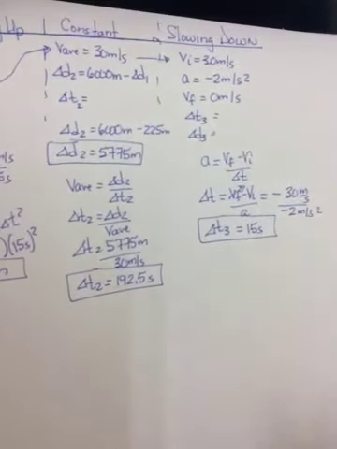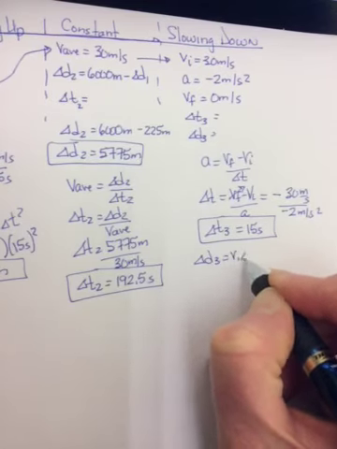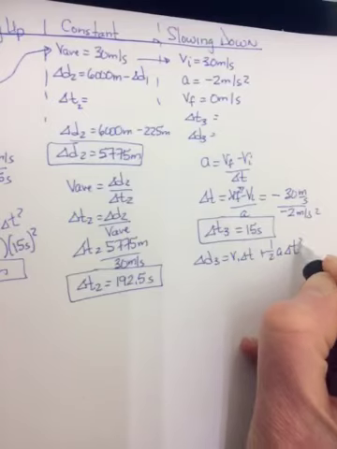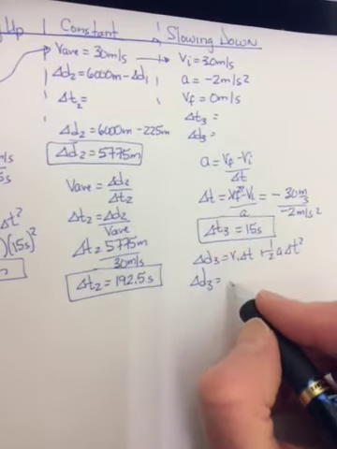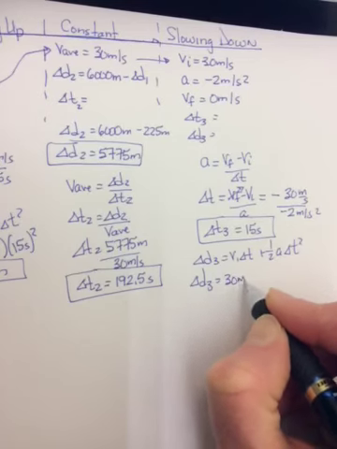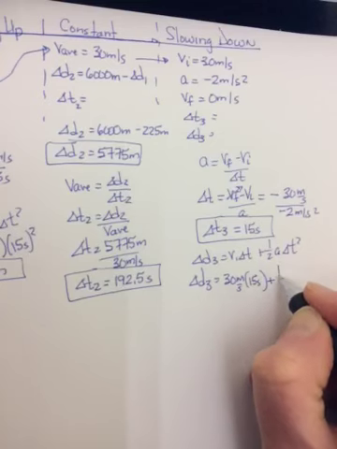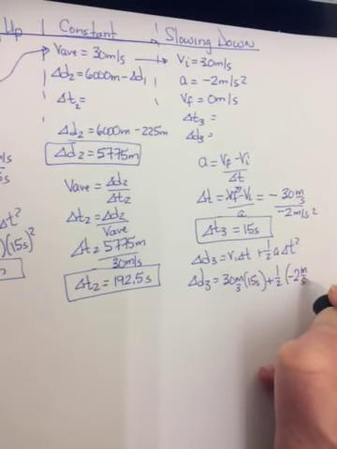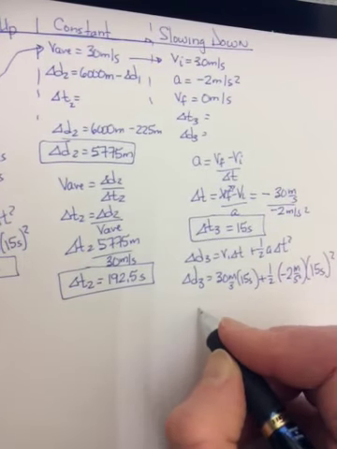Once you have that, you can get your D3. Delta D3 is equal to VI delta T plus 1/2 A delta T squared. Delta D3 is equal to VI was 30 meters per second times 15 seconds plus 1/2 negative 2 meters per second squared, 15 seconds squared.